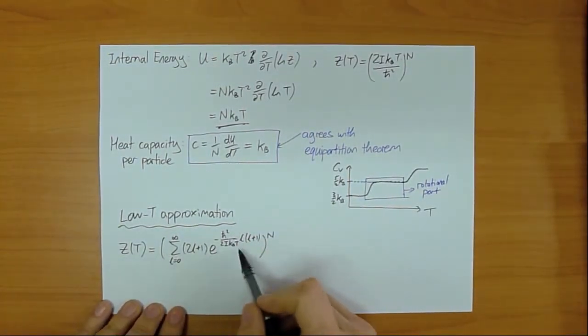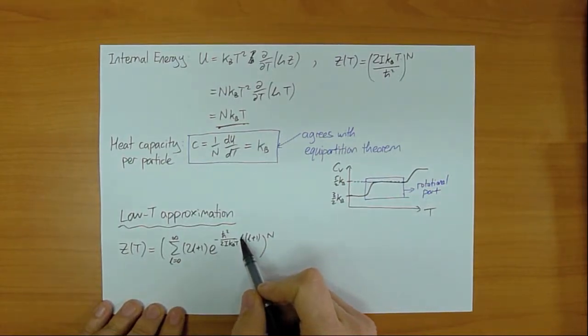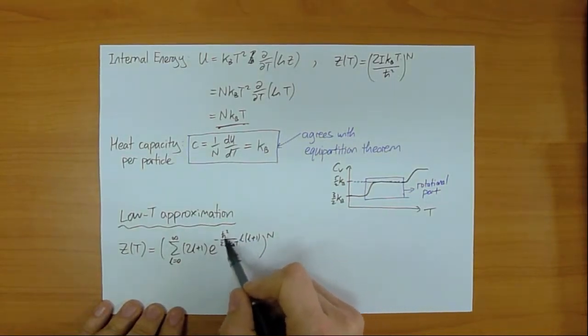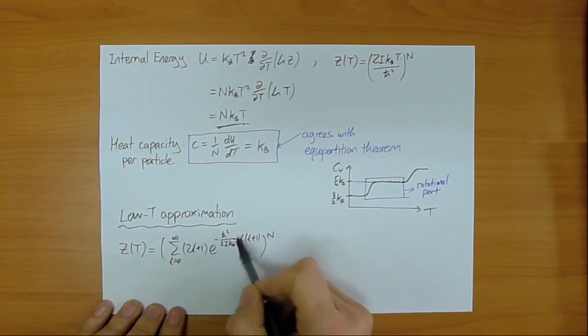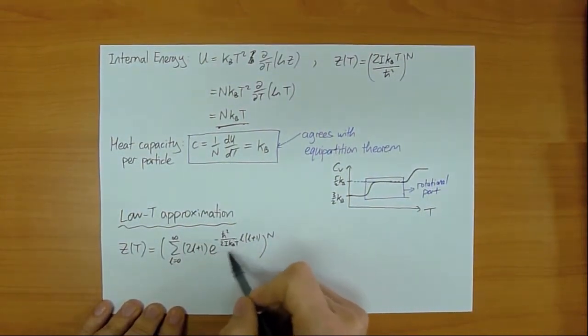So in the low t approximation, t is a small number. So that means this prefactor here, h bar squared over 2I kbt, is going to be a large number.